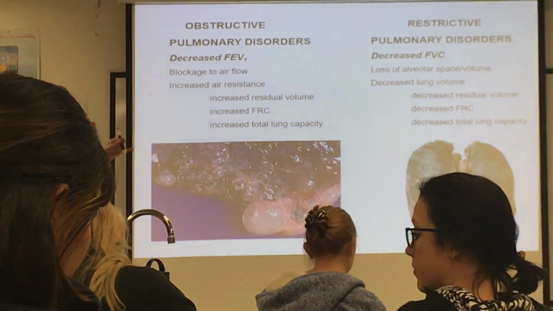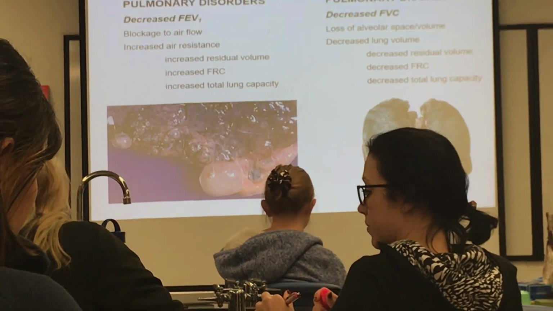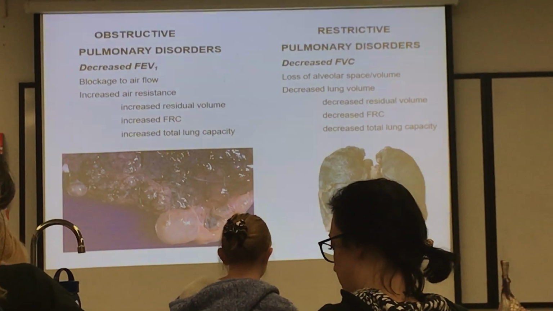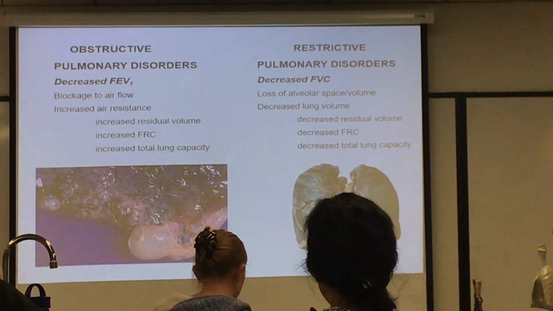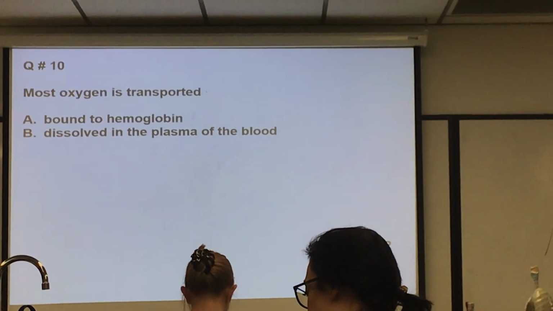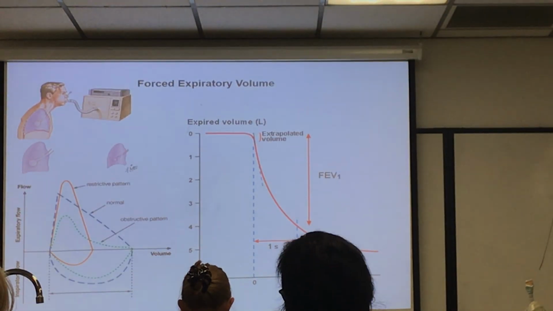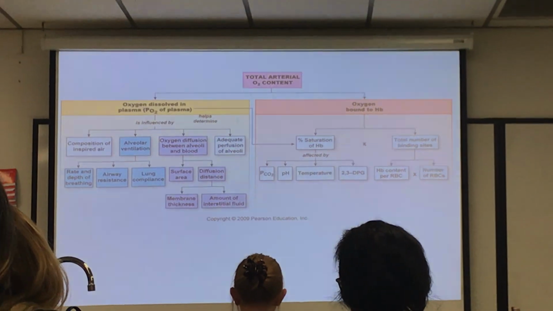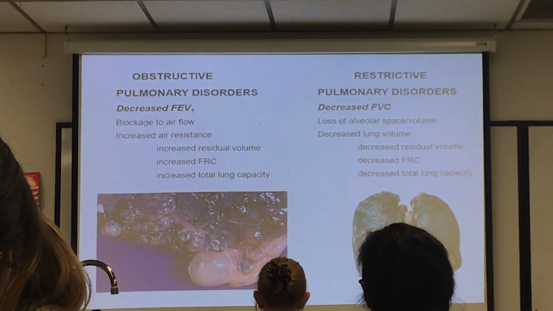So loss of volume is the key sign of restrictive pulmonary diseases. Yes, because you got whole lung collapse. Okay, so, where am I missing my terminology here? All right, we'll just put up what the word.